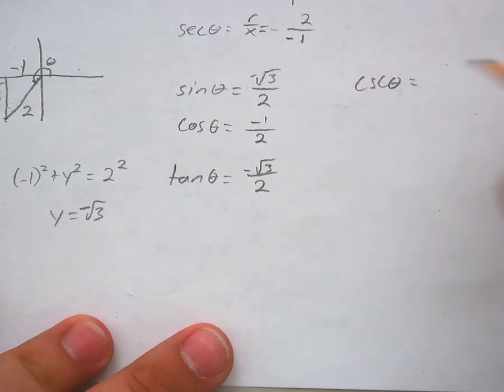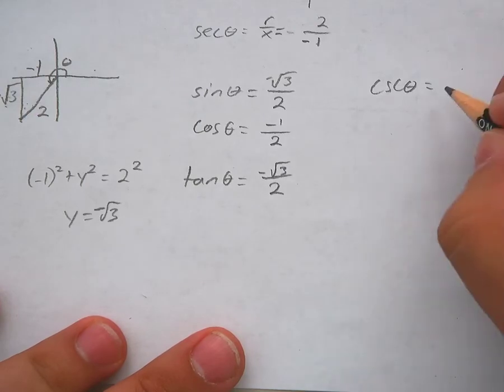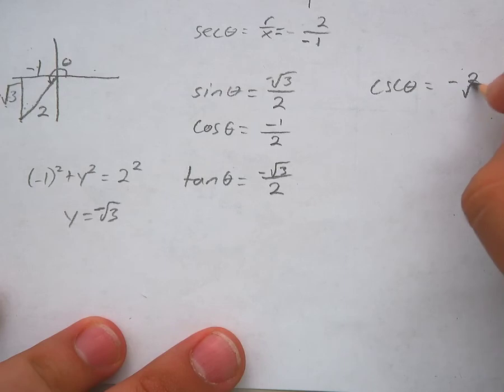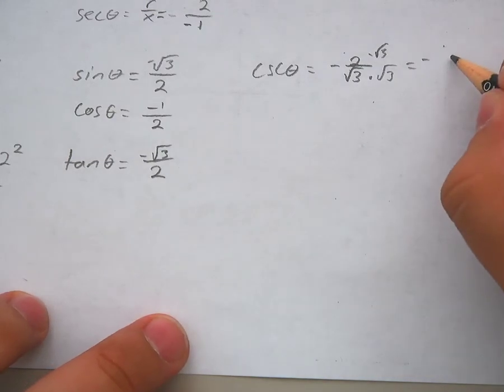Cosecant theta is going to be the reciprocal of this, so it's going to be negative 2 over the square root of 3. We know we can't leave it like that, so it's going to be negative 2 square root of 3 over 3.